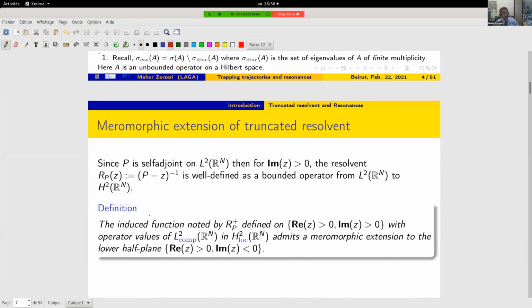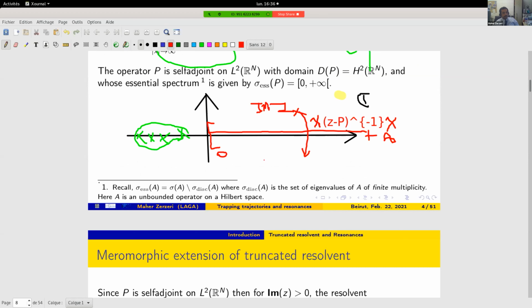If you consider this resolvent defined for real z positive and imaginary z positive, with values from L2 compact to H2 loc, it admits a holomorphic extension to the lower half plane. So we can extend this Green function, and we obtain a meromorphic function with poles in the lower half plane.